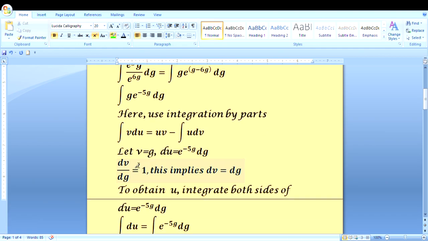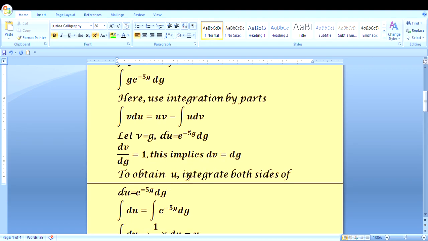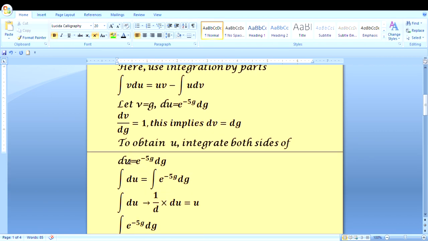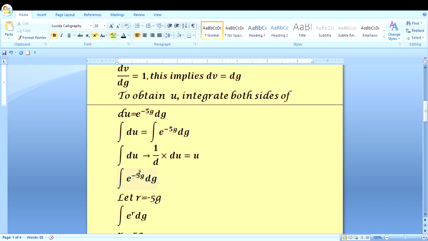For us to obtain du here and also obtain v from this expression, we differentiate u: du over dg is equal to 1, so that du is equal to dg. Then to obtain v, we have to integrate both sides and we apply the integral sign to both sides. Then the integral of dv is equal to the integral of exponential minus 5g dg. The integral of dv is equal to v.